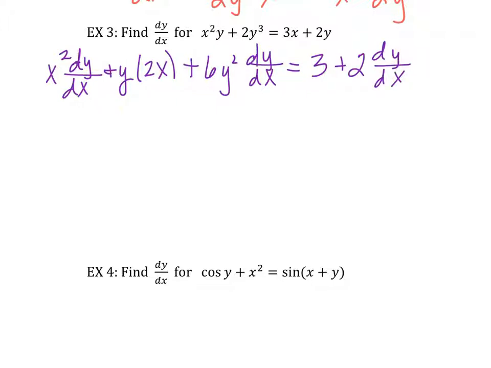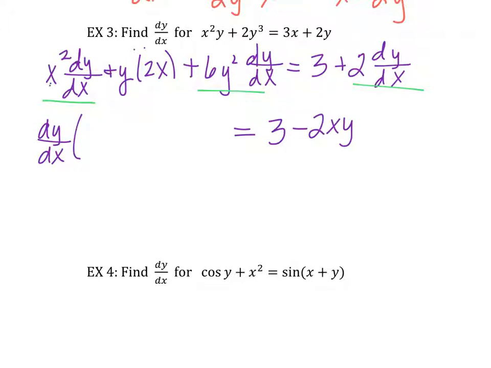Okay, well this one has lots of dy dx's. So I've got that one, and that one. So I'm going to take those to the left, and I'll move everything else to the right. So on the right, I would have 3 minus 2xy, because I'd move this guy over. And then on the left, I'd have dy dx.